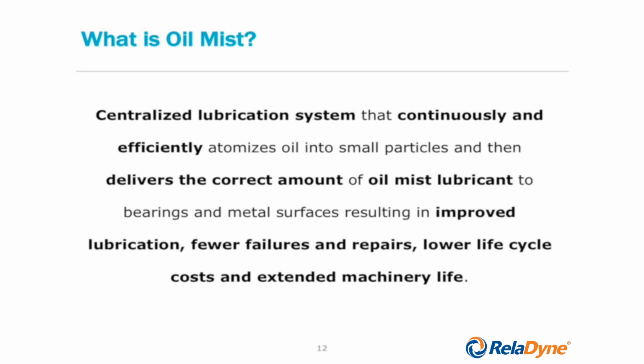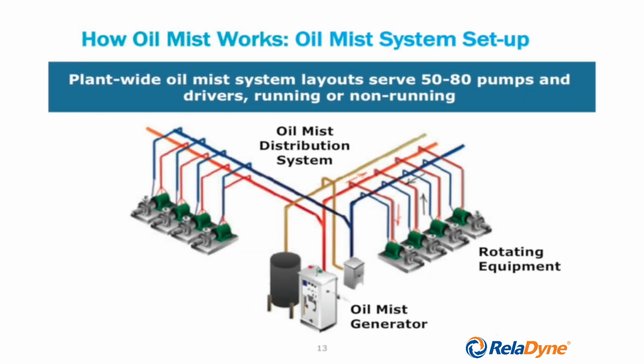In other words, it's pure instrument air that carries these small particles or these small atomized globules of oil and delivers them to the bearings and to the metal surfaces that comprise, of course, the parts to be lubricated in a machine. The result is that you have improved lubrication, fewer failures, fewer repairs, lower life cycle cost, and extended machinery life.